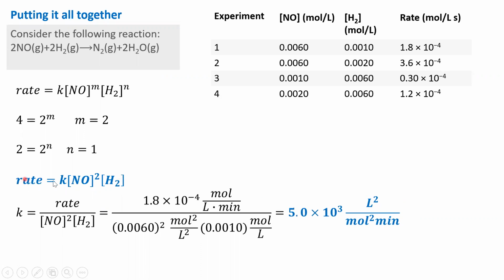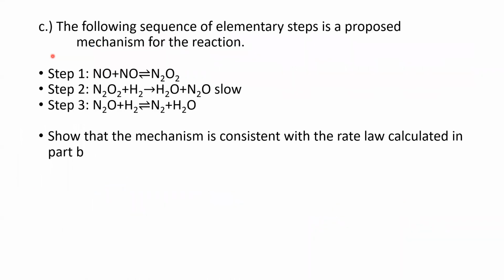Now, this rate law doesn't match the molecularity in this overall reaction. So let's tie in what we just did with reaction mechanisms. We're told that this is a proposed mechanism for that reaction. It's proposed that this reaction takes place in 3 different steps. Okay, we want to figure out what the rate law is based on this reaction mechanism.